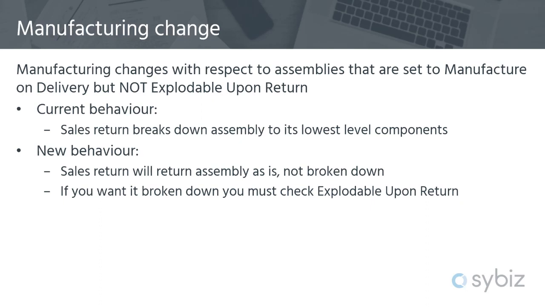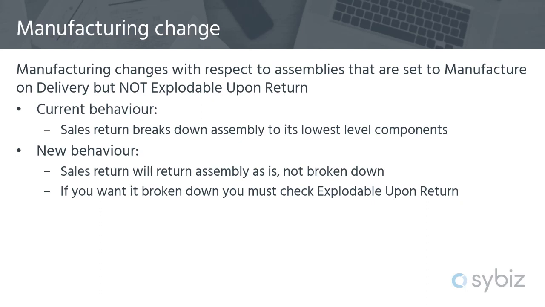Apologies to those that aren't, because this probably won't make too much sense, but essentially there are multiple options within the configuration of your assemblies, and if you do have assemblies that are set to manufacture on delivery, so some of you may prefer to regard those as kits, but if they are flagged to not be explodable upon return, what was happening previously is that when you do a sales return, it would always break the assembly down into its lowest level components. So if someone returned a bike, it would pull that bike apart into the various components, which is perhaps not what you want to have occur.